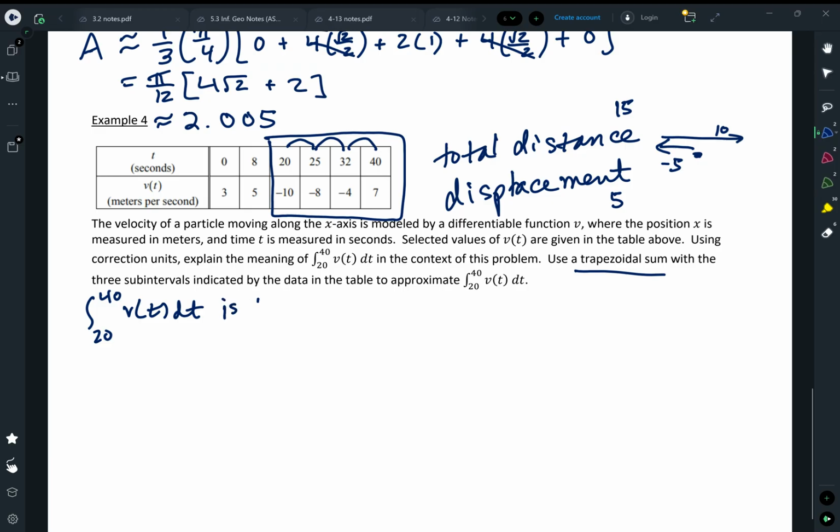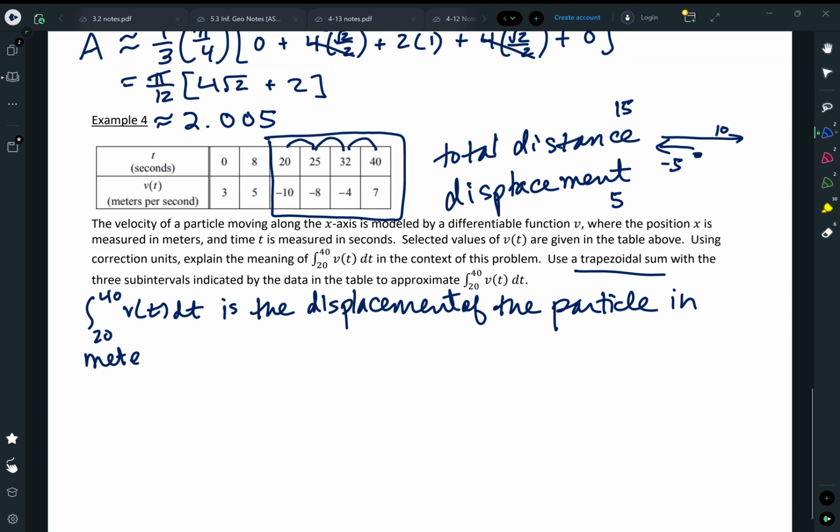So this is the displacement of the particle. We want to be specific and use units in meters, from t equals 20 to t equals 40 seconds.